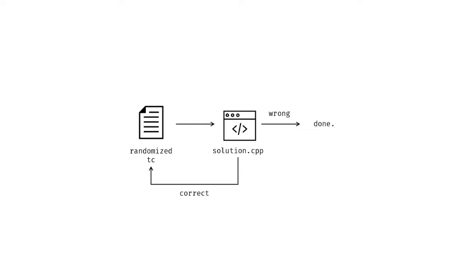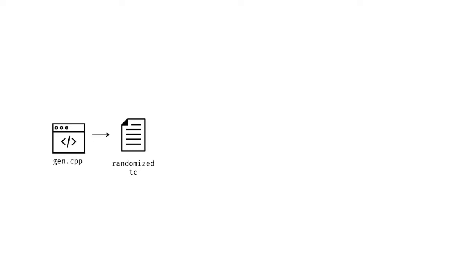But how do you generate this randomized test case? How do you decide if your program has given the correct or the wrong answer? We'll check the next slide. So what you first want to do is make another program called gen.cpp. What this program does is it generates this randomized test case that we're going to be using for our stress testing later.